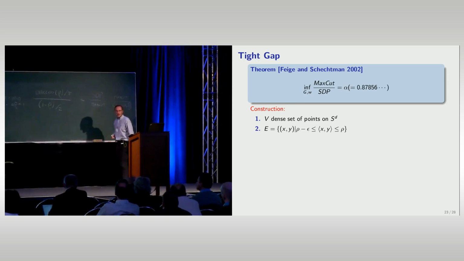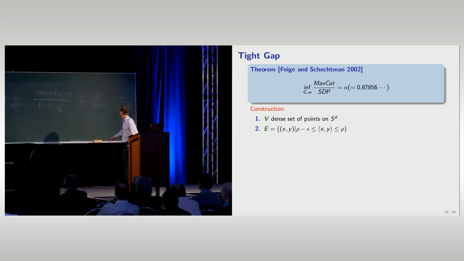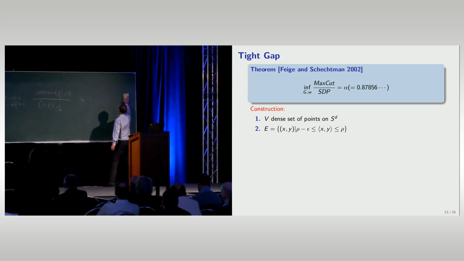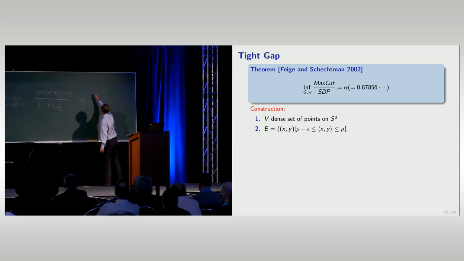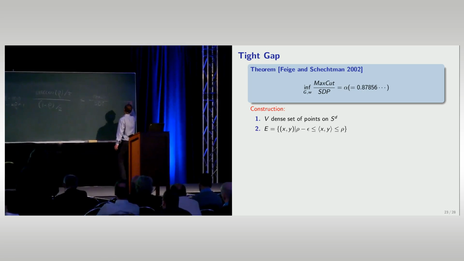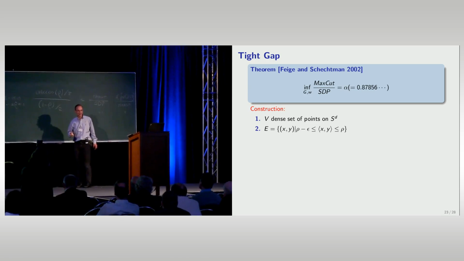Oops, wrong way. Max cut is smaller than SDP, so let me put max cut divided by SDP. Both of these are less than or equal to 1, and the product is at least 0.878.